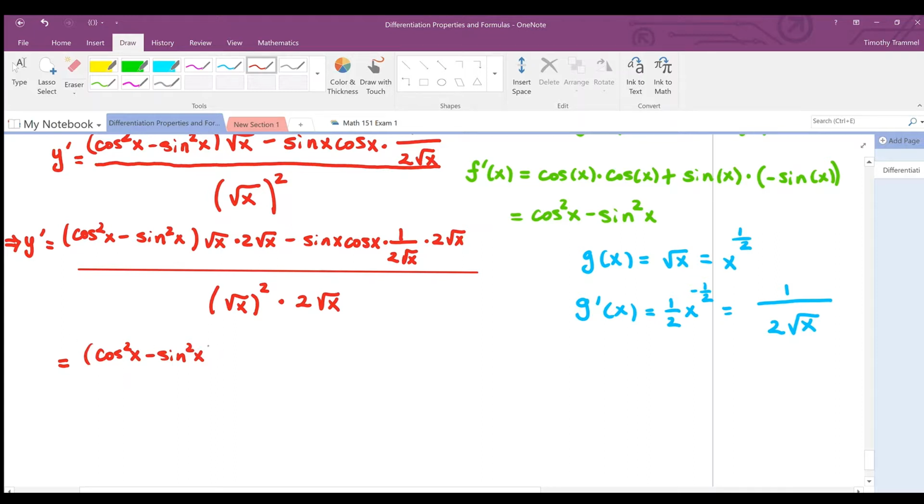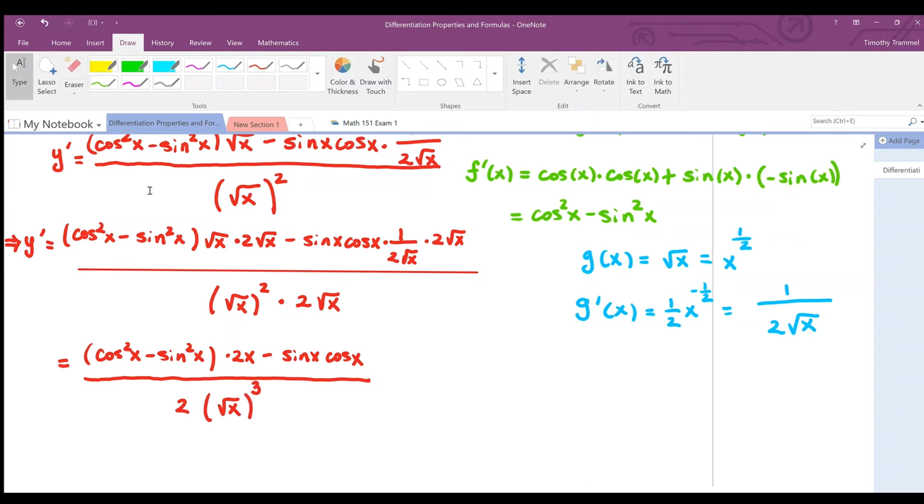Then this is all times 2x, right? The square root of x times the square root of x just gives you x. Then we have minus sine of x cosine of x. And then this is all over two times the square root of x cubed.